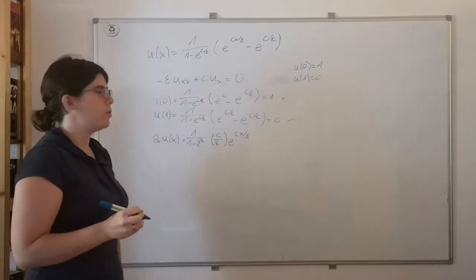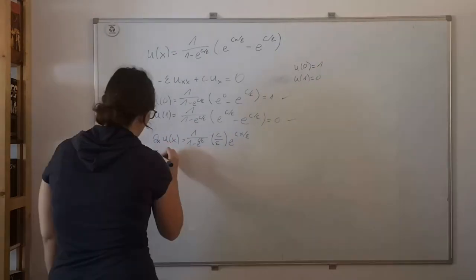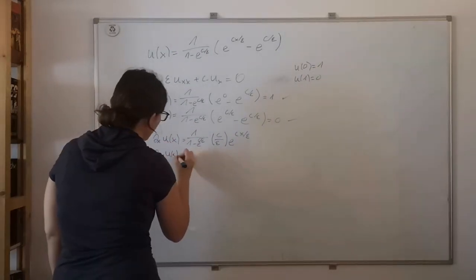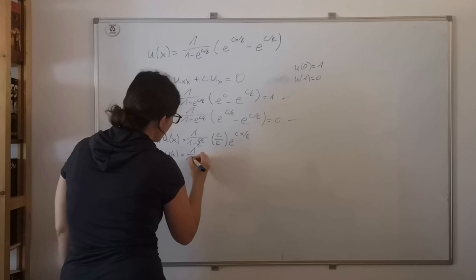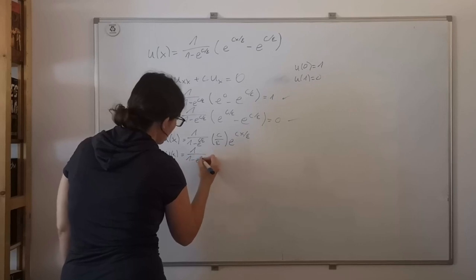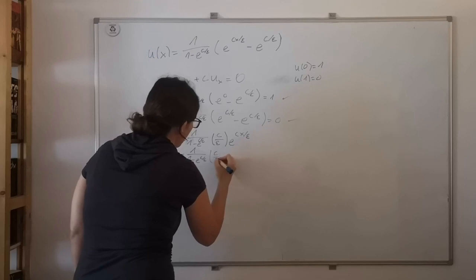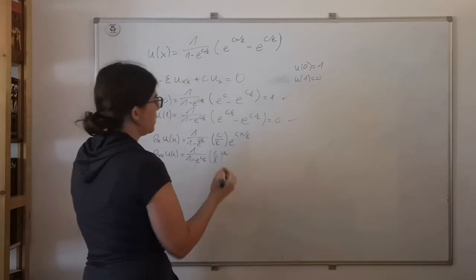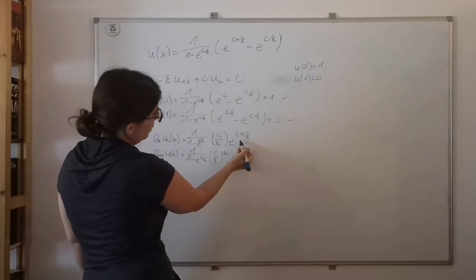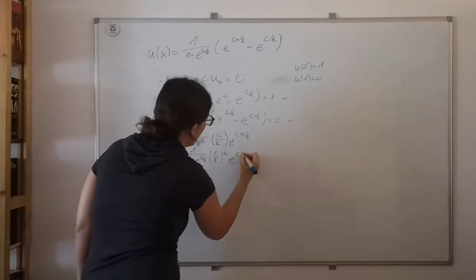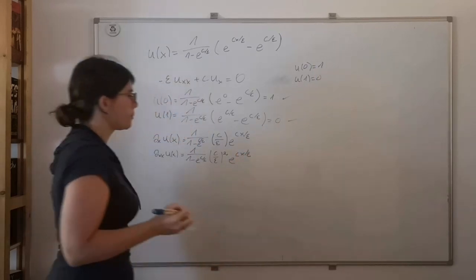Okay, so that was the first derivative, and now we can compute the second derivative as well. And now this is c divided by epsilon squared, because we get in the second one when we derive this a second time, and the exponential still remains unchanged.